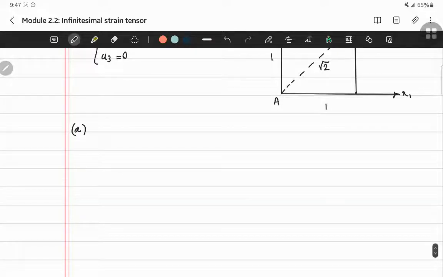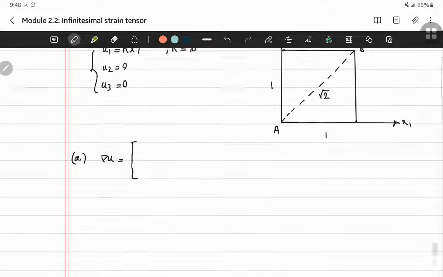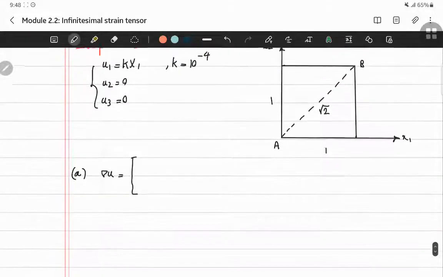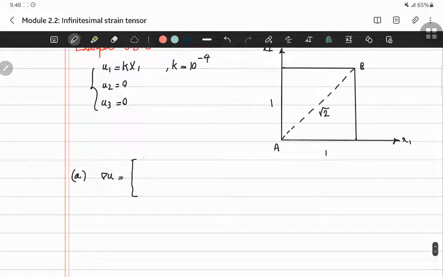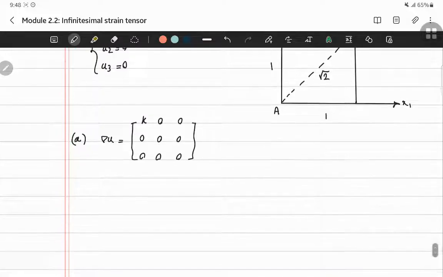For this, we have to first calculate del U, which is basically the partial derivative of this field with respect to x1. So this is k. The rest are 0, of course. And E is basically half of del U plus del U transpose.